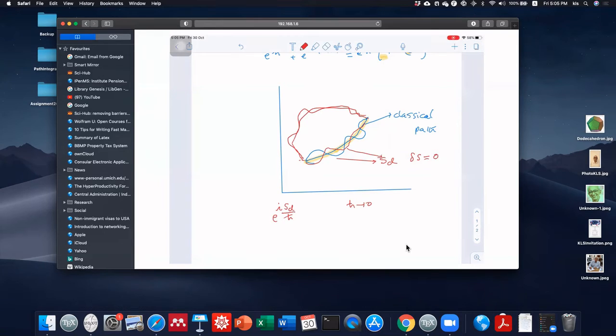But the paths around the classical path will not cancel each other, and therefore they will add up. It is fairly easy to realize that in the limit h cross tending to 0, only the classical path and a small set of paths around it are the ones that are important, and therefore classical mechanics follows as a hand-waving argument.